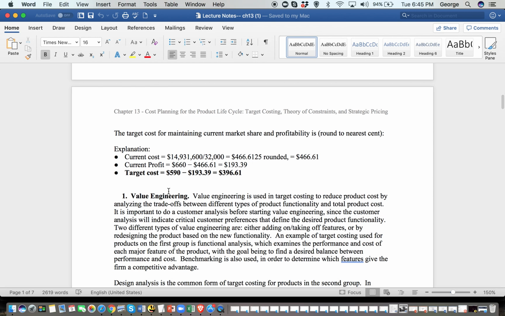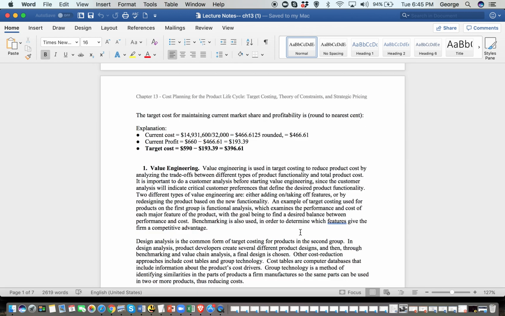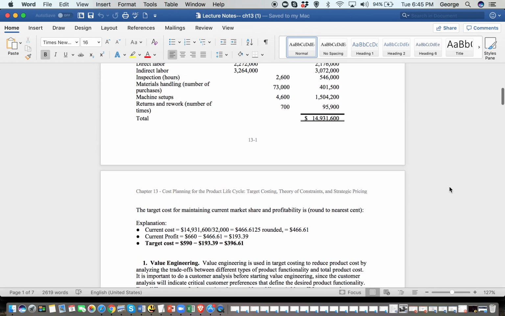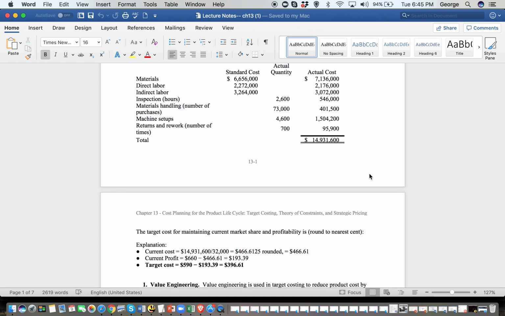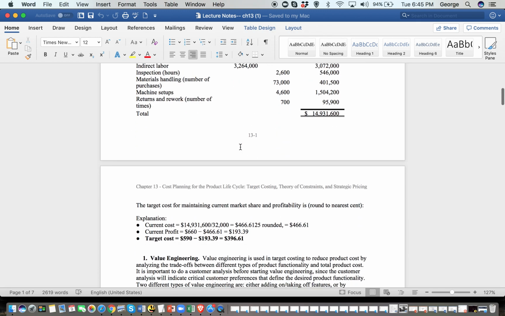So what is our target cost? The current cost is $466. We find that by simply taking our total cost and dividing by units. Remember in the problem, I think I bolded it, 32,000 units were produced.